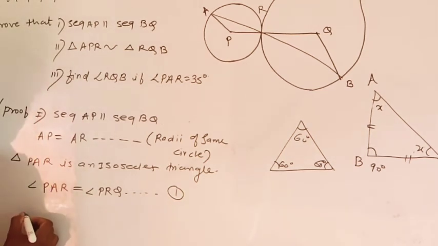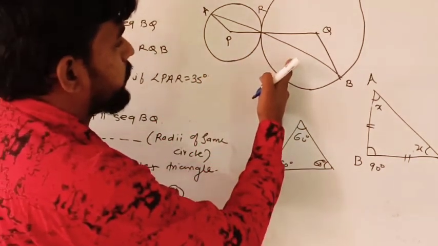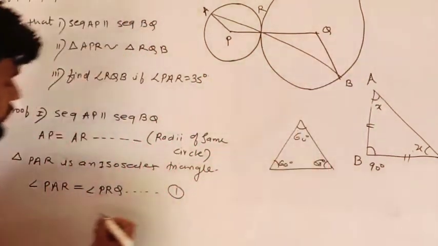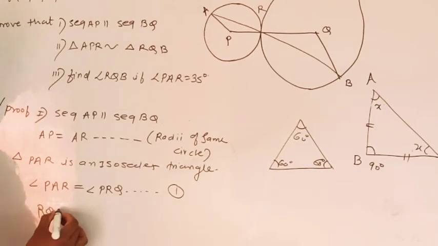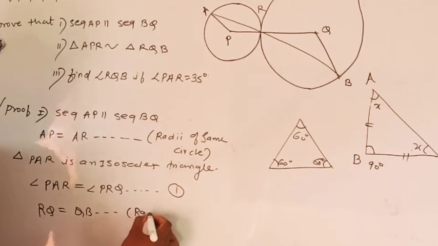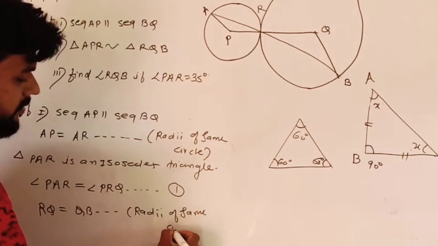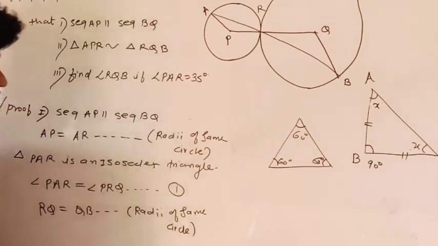Now in the same situation, we have to write here, in the circle with center Q, RQ is equal to QB. RQ is equal to QB. Why? Because these are also radii of the same circle. We have to write here radius of same circle.